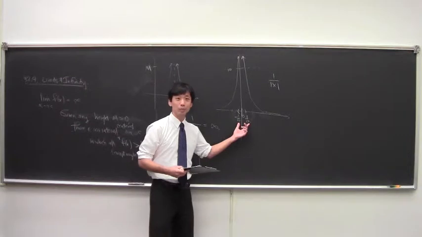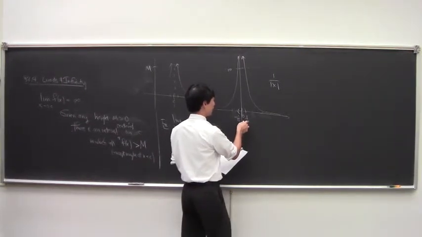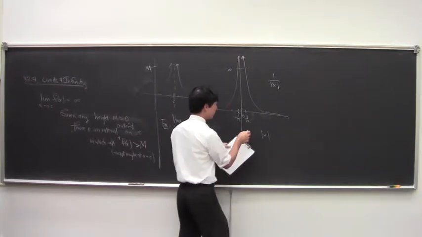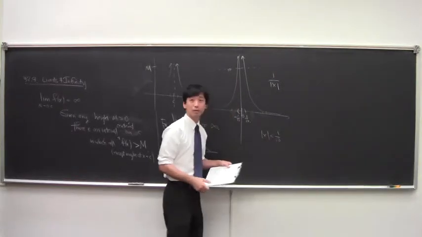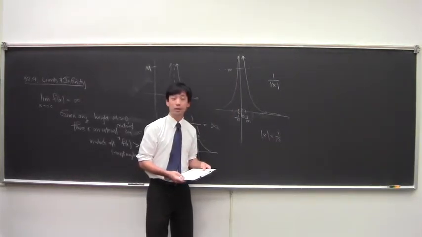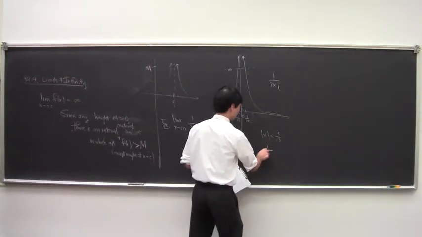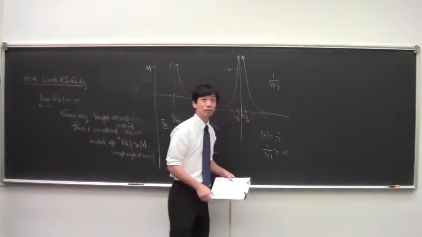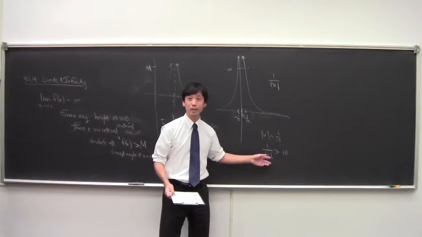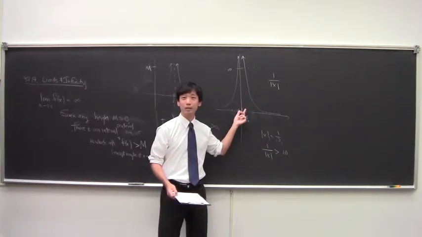As long as the absolute value is smaller than a 10th, then certainly 1 over the absolute value is greater than 10, greater than 1 over 1/10. So whenever this is smaller than that, then 1 over x is going to be greater than 10.